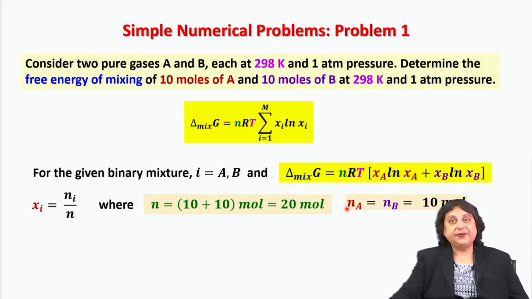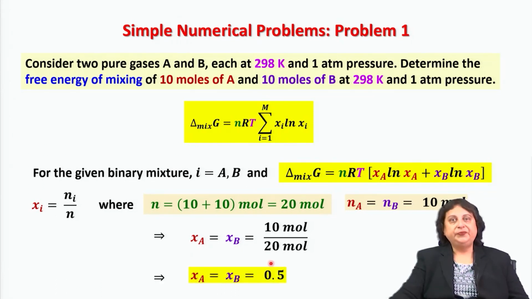So, what is Xa? I understand that Na is equal to 10 mole and this is equal to Nb. Therefore, I can quickly conclude that Xa is equal to Xb, that is equal to 10 mole divided by 20 mole, and that will give me that this is an equimolar mixture of A and B that I am talking about, and the mole fraction of each of the components is equal to 0.5.